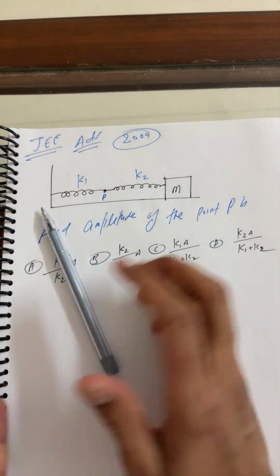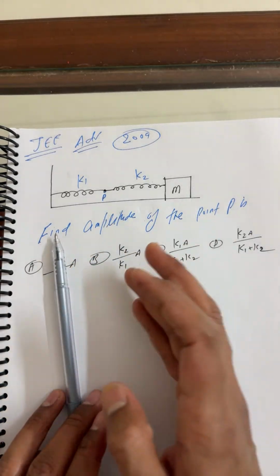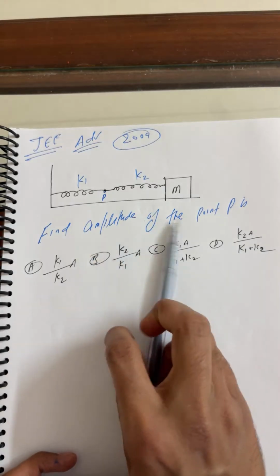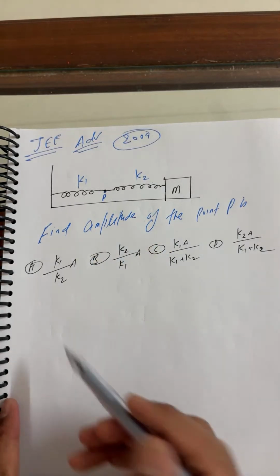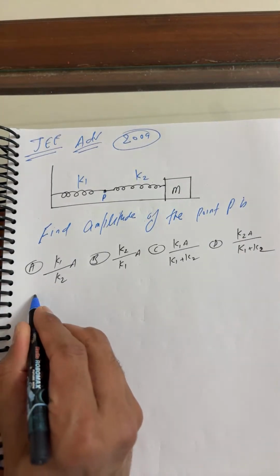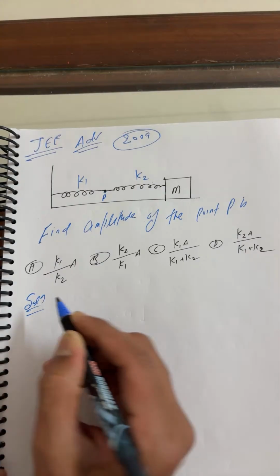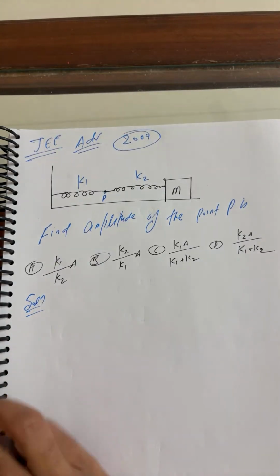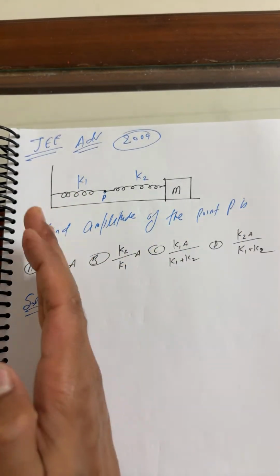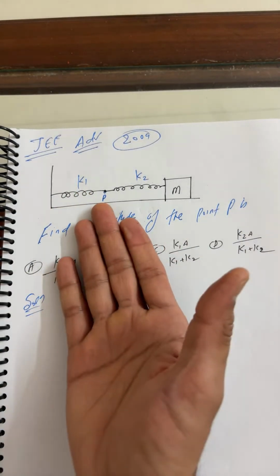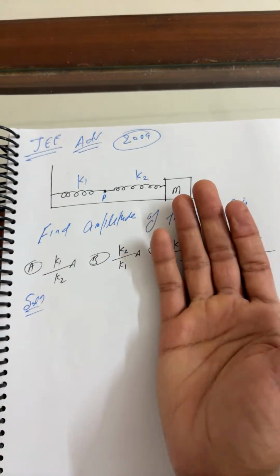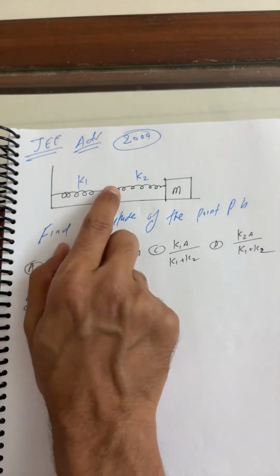If this spring is compressed by X1, obviously both springs are in series, so this one compresses by a different amount, X2.